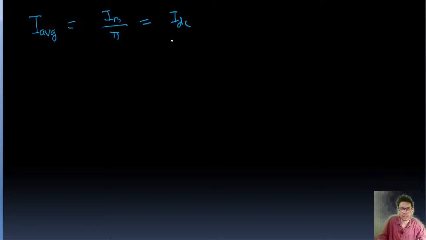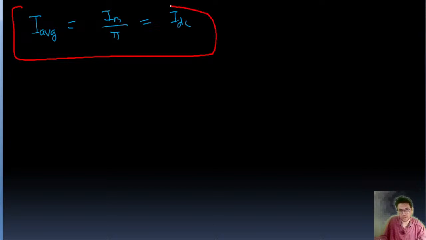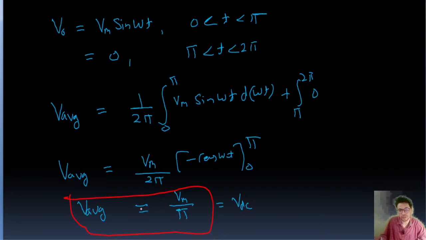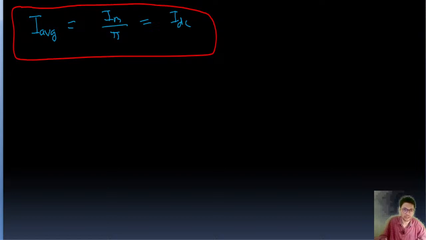And similarly, I average is going to be Im upon pi, or we can say IDC, current of direct current. This is also an important one. V average equal to Vm upon pi, VDC.